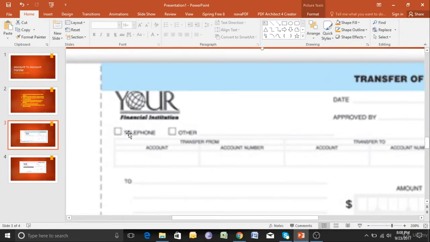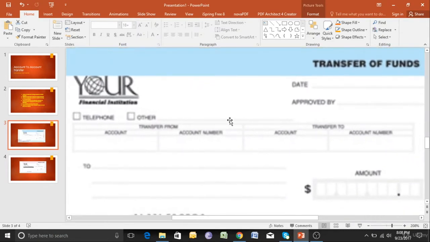And then the telephone number or any other information of the person whose account is to be debited. Transfer from, and here transfer to account, and then the account number.